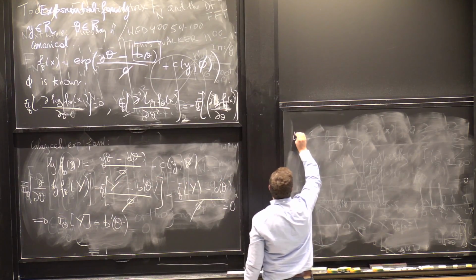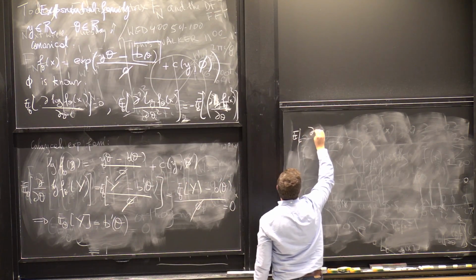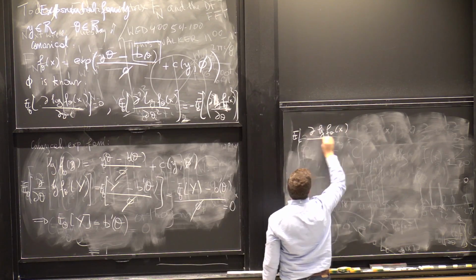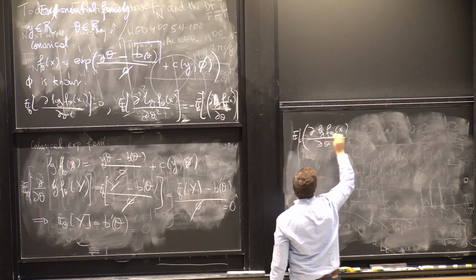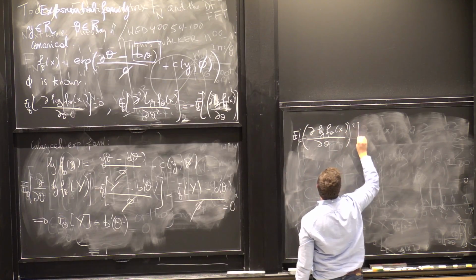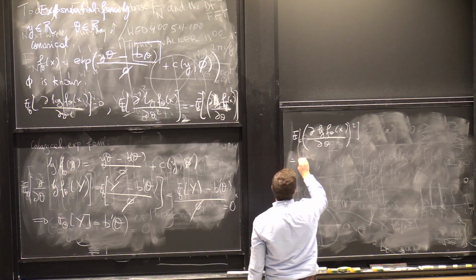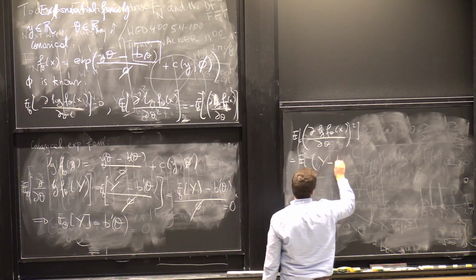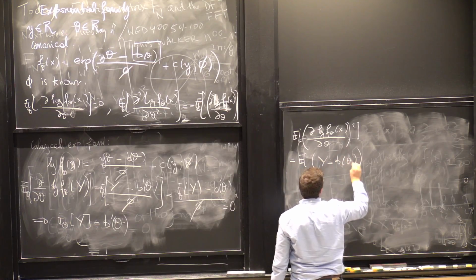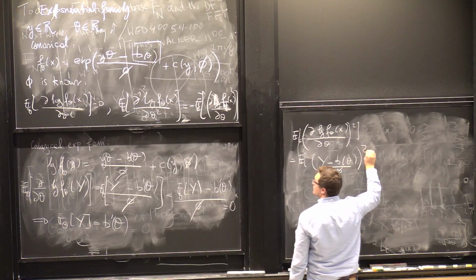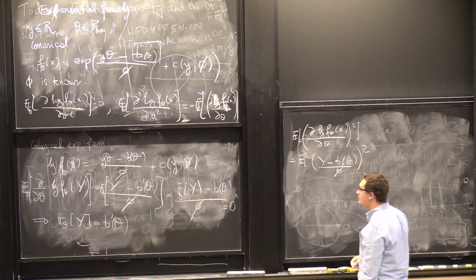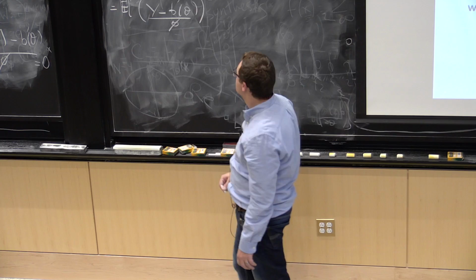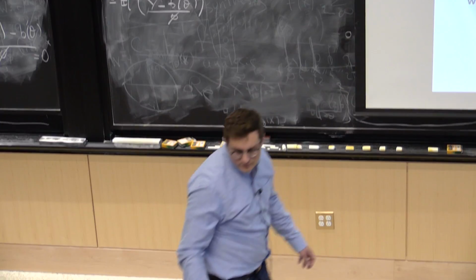So the expectation of the derivative with respect to theta of log f theta of x, squared, is equal to the expectation of the square of y minus b prime theta, divided by phi squared.